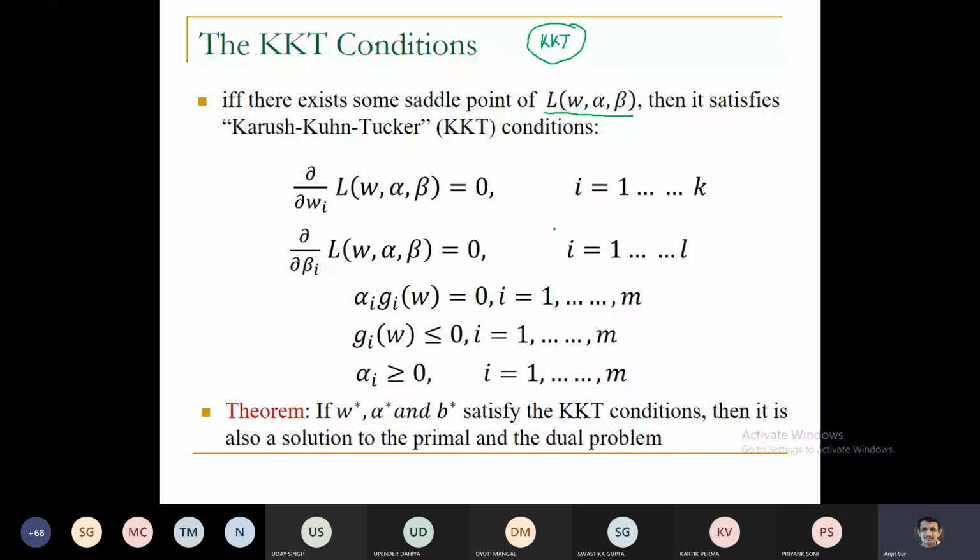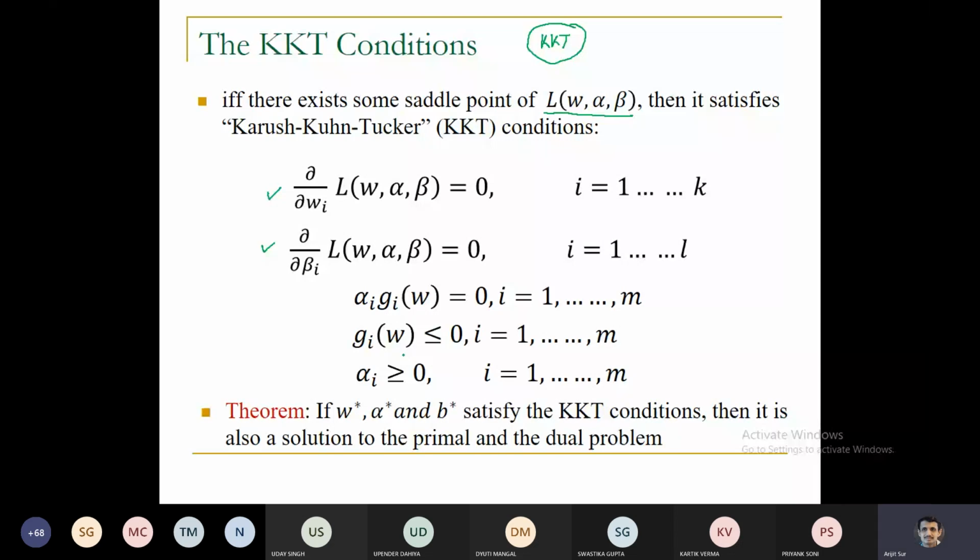If we formulate these two things and do some mathematical manipulation, we find alpha_i g_i(w) is equal to 0, and g_i(w) is less than or equal to 0. Now if alpha is greater than 0, then g_i(w) is equal to 0; if alpha is equal to 0, then g_i(w) is less than or equal to 0. So what is the theorem?